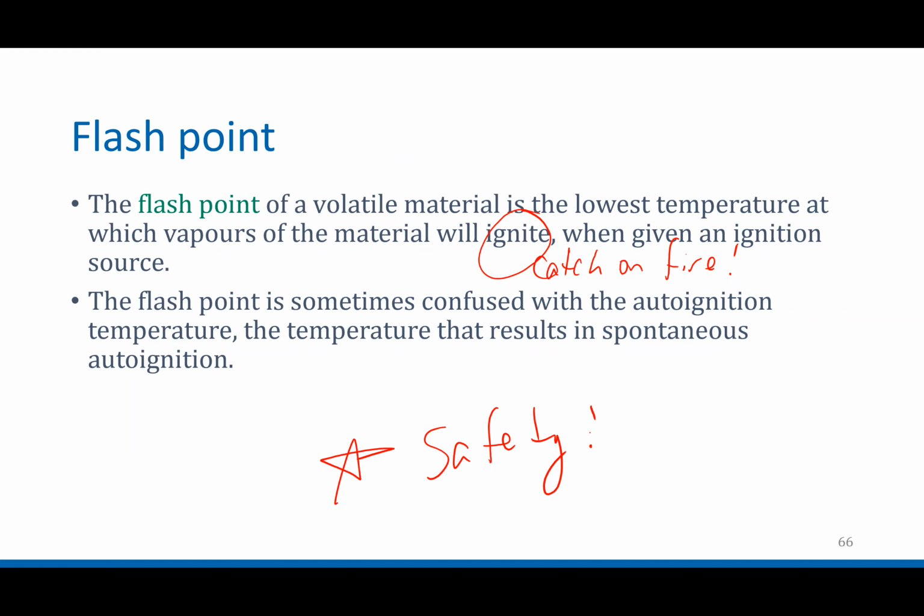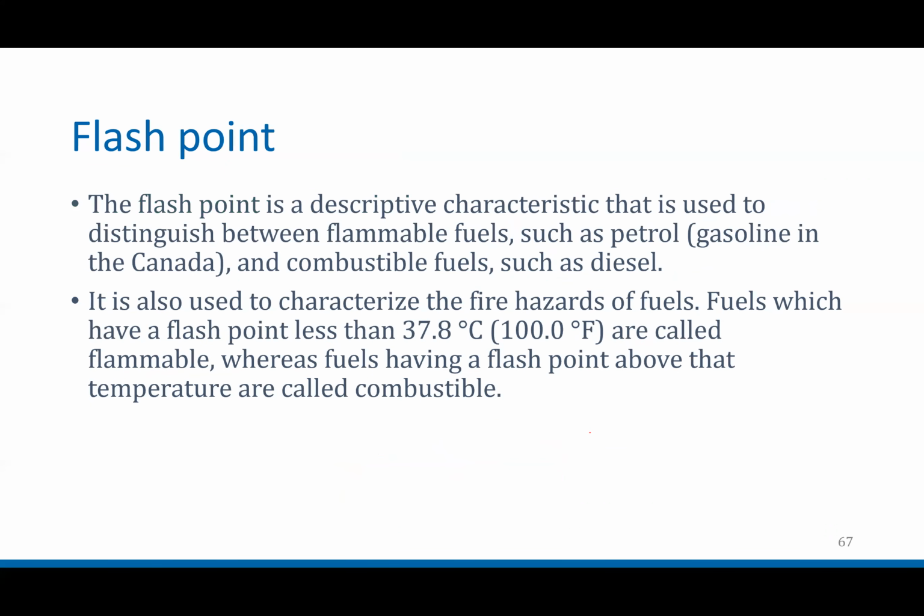So flash point is a term you might hear in safety, related to the lowest possible temperature where a chemical would ignite. Anything above that temperature, it's still going to ignite. So flash point is the temperature where something can catch on fire, and it's very dangerous.